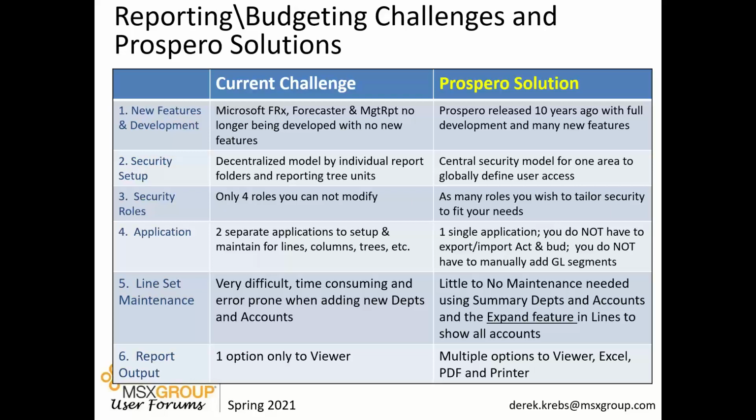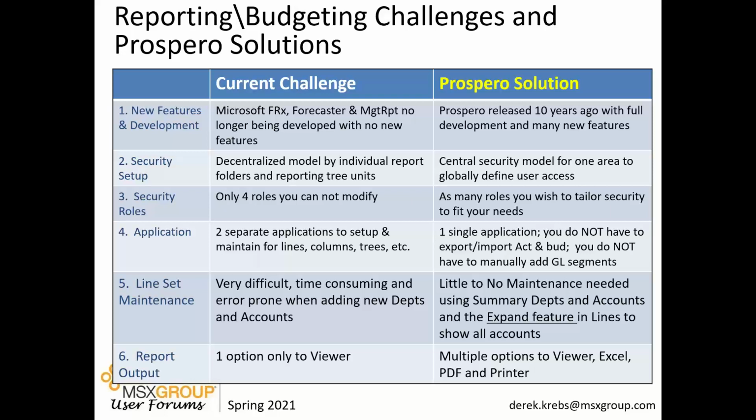And then related to that, you had to do a lot of manual importing and exporting of actuals and budgets to and from your budgeting system and your reporting system, where we've now taken out all those manual steps, where it's now Prospero seamlessly linking to your actual and budget data. And that also goes for all the general ledger segments like department, location, accounts.